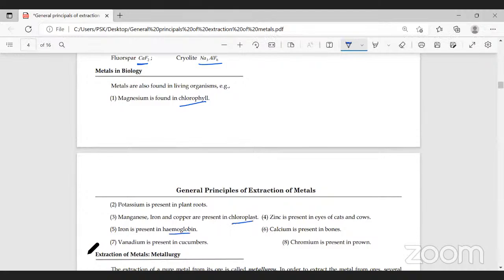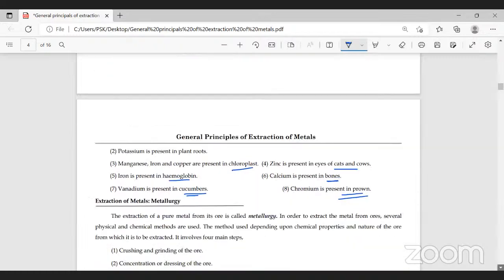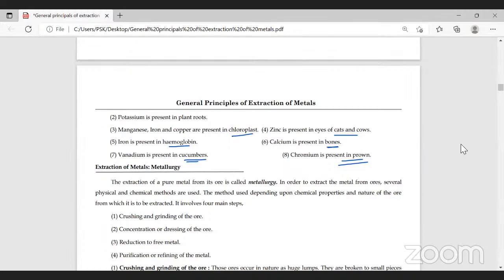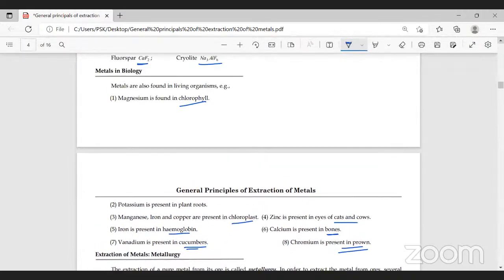Iron is present in hemoglobin, as Fe2+. Vanadium is present in cucumbers. Zinc is present in the eyes of cats and cows. I don't know, people eat the eyes of cats and cows. Calcium is present in bones. Chromium is present in brown, I don't know what is brown. All right, so metals are also present in biological systems.